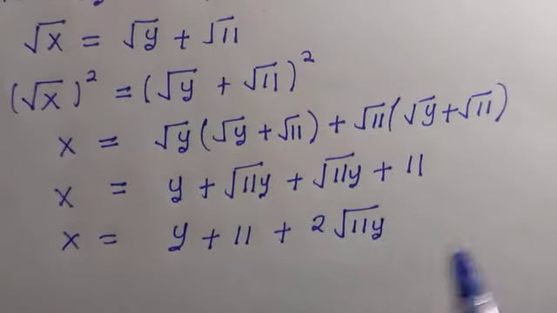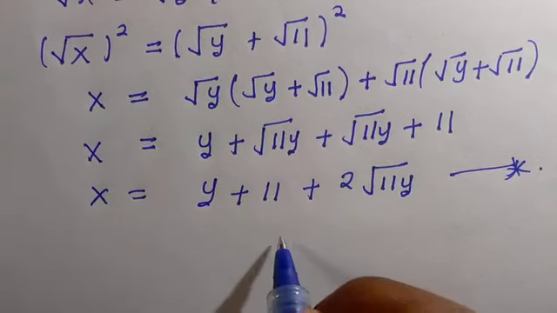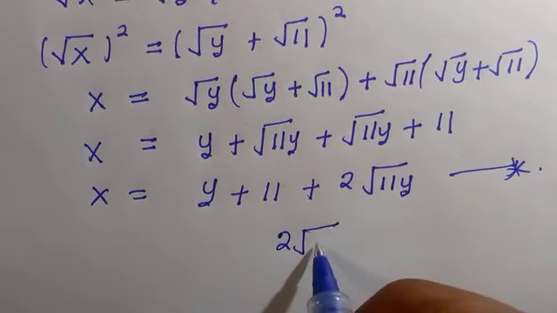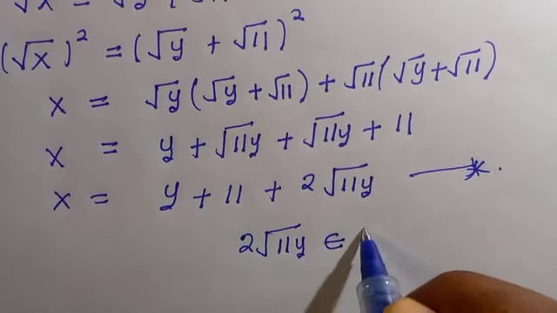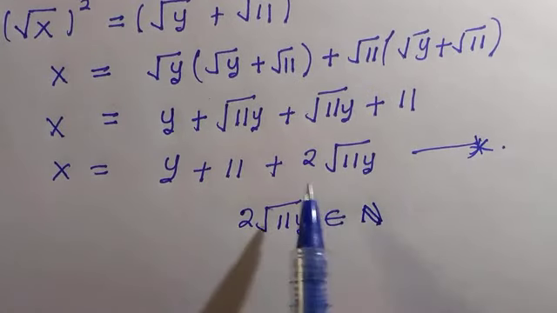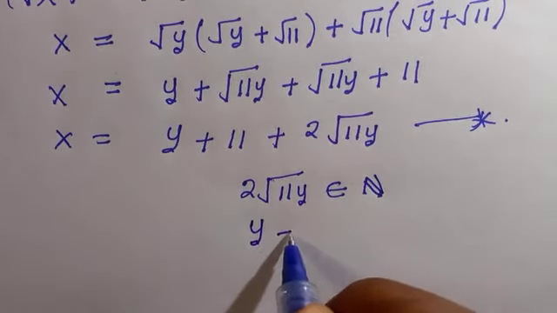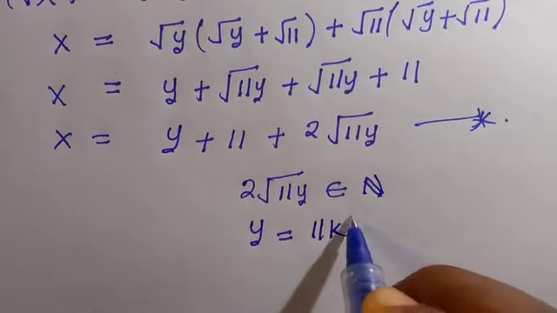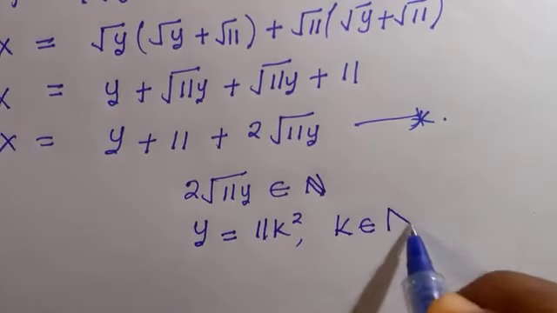On getting to this stage, I want to know the value of y and the value of x. We should know that the entire 2 root 11y is a member of the natural numbers. So to get the value of x, I let y equal 11k raised to the power of 2, where k is also a member of the natural numbers.